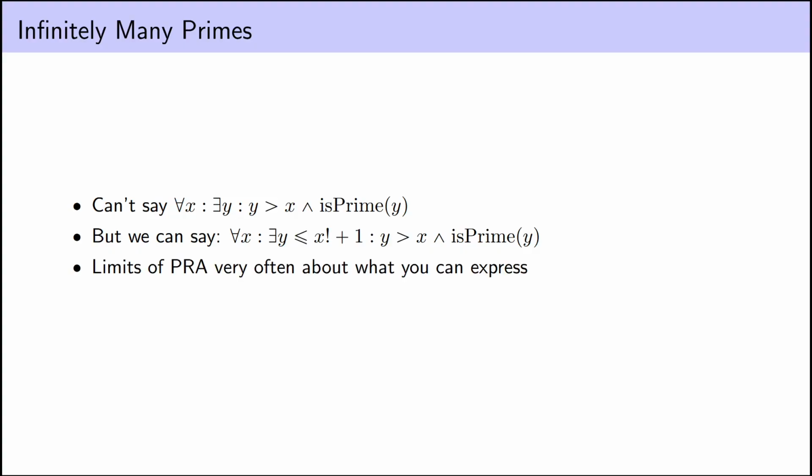Indeed, the limits of primitive recursive arithmetic are often not in what you can prove, but what you can even express. For instance, we can't prove anything about the Ackermann function, but that's because we can't even express the Ackermann function. One can imagine trying to reason about a set that's not quite as nice as the primes. For instance, Heijenoort, in an introduction to Skolem's paper, gives the example of the twin primes.